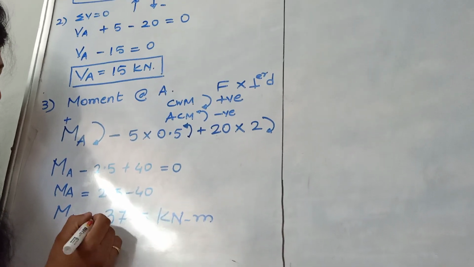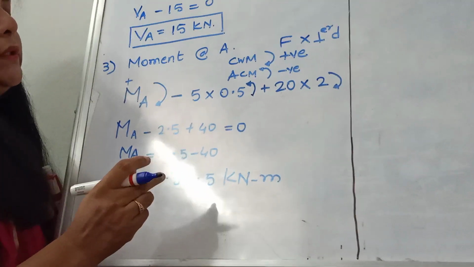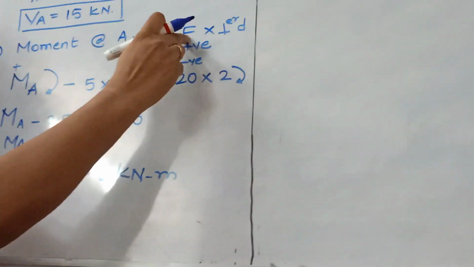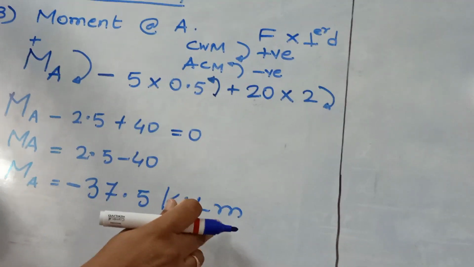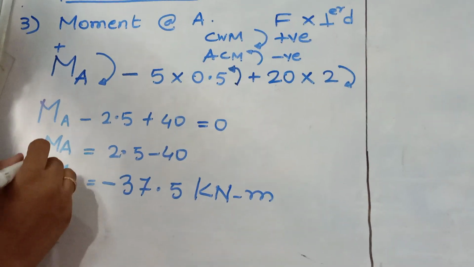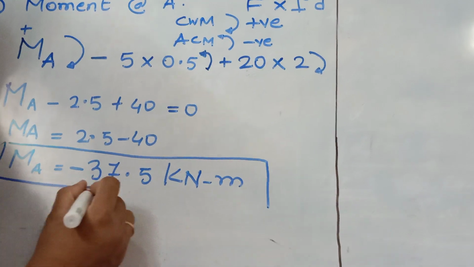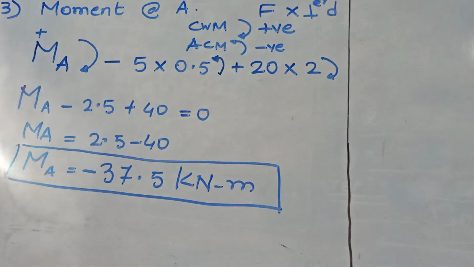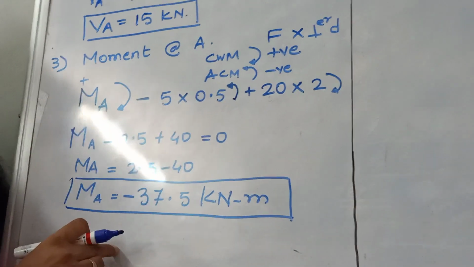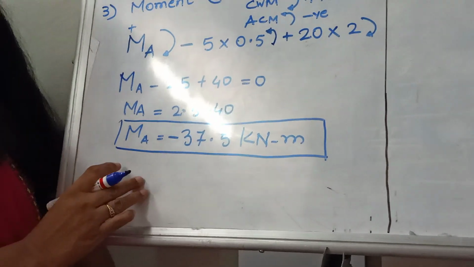Why kilonewton meter? Because force is in kilonewton, distance is in meters. Okay. So now what does this negative sign indicate? So negative sign shows that the moment is in anti-clockwise direction.